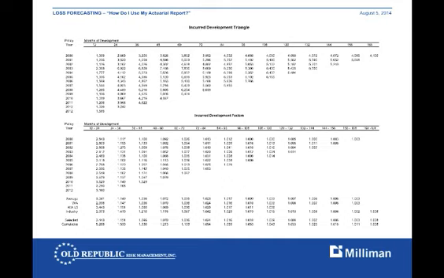So if you go to the top triangle, the bottom number at 12 months of development is 1,585. If you multiply that by the cumulative factor at the bottom of the page at 12 months of development, the 5.268, that gives an ultimate indication of 8,350.